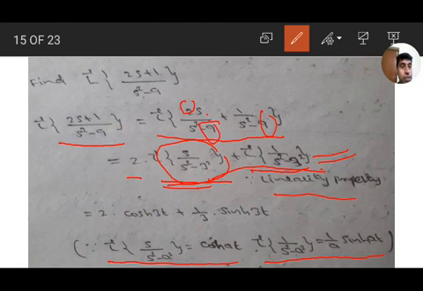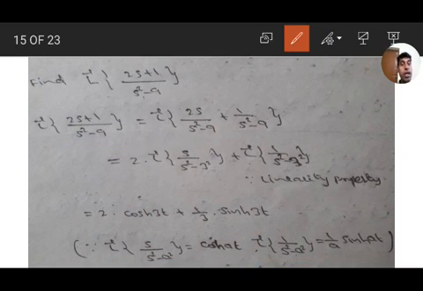So the first case, s by (s square minus 3 square), means cos h of 3t. In the second, 1 by (s square minus 3 square) with a equal to 3, is 1 by 3 sin h of 3t. Therefore, the answer is 2 into cos h of 3t plus 1 by 3 into sin h of 3t.